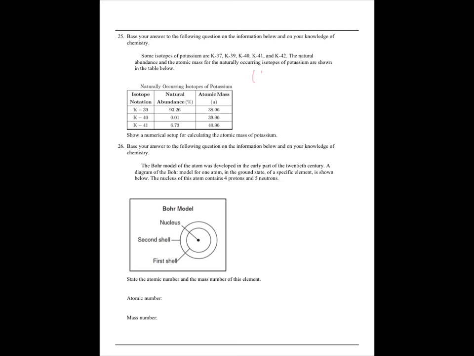So we take 0.9326, take the decimal point and move it to the left twice for decimal, multiply by 38.96, plus 0.00001, okay, times 39.96, and then another plus of 0.0673 times 40.96.